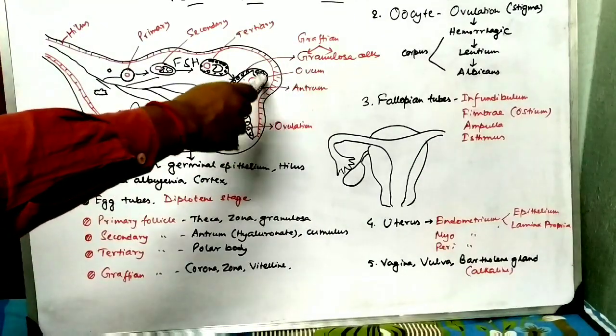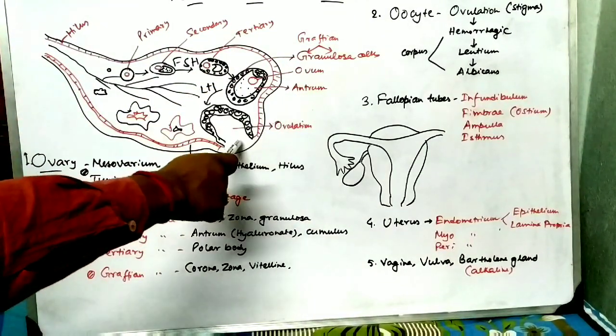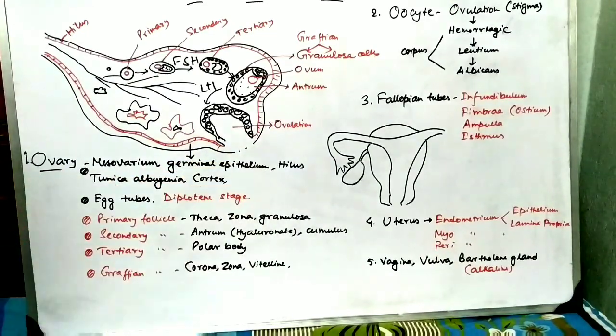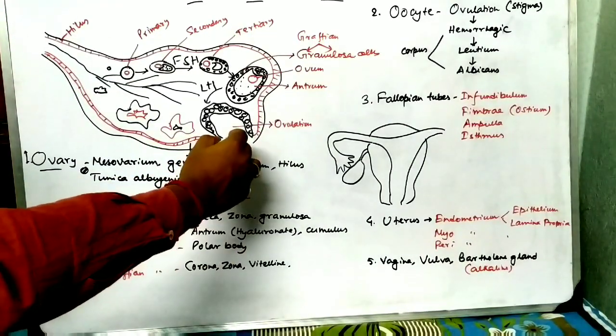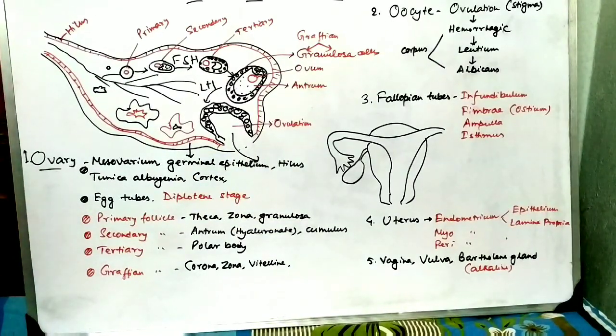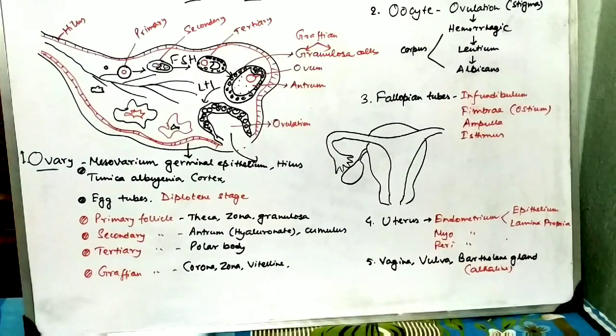So the pressure inside the graafian follicle will increase, and the ovum will fall out of the graafian follicle.